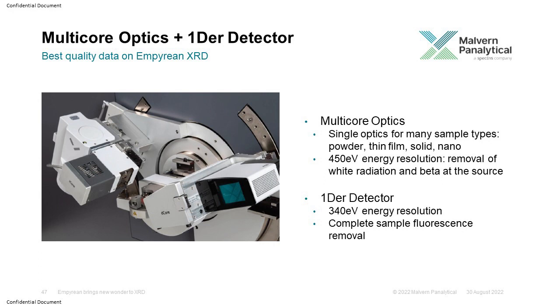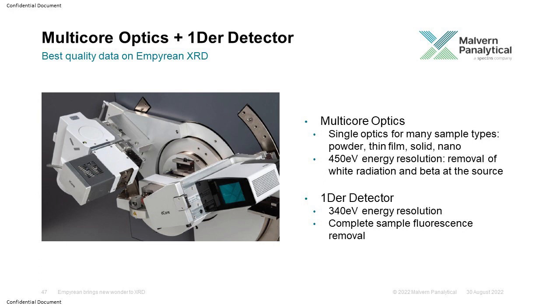Okay, so on this Empyrean platform, these are some more internal details. We have some new possibilities, such as the multi-core optics. It is a single optics for many sample types, whether you have powder, thin film, solid, or nanomaterials, particularly if you are in a university dealing with a large variety of samples apart from batteries.